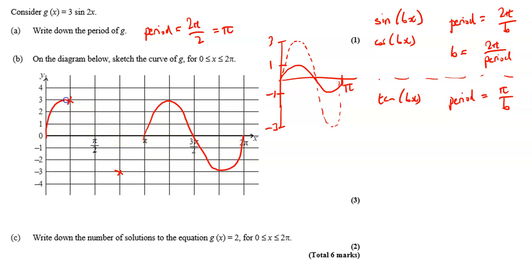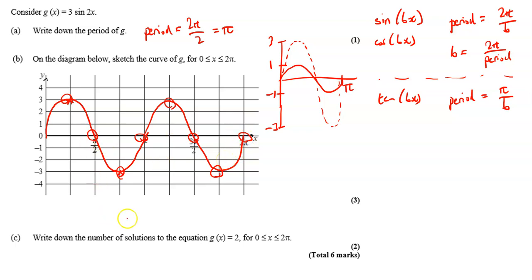We probably want to make that a little bit rounder. Some people try and get this vertical, and the gradient is not undefined there, so it's not trying to go down the axis like that. It's pretty much as it looks there. And we've made it go through these key points, the maximums, the minimums, and the axial intercepts.